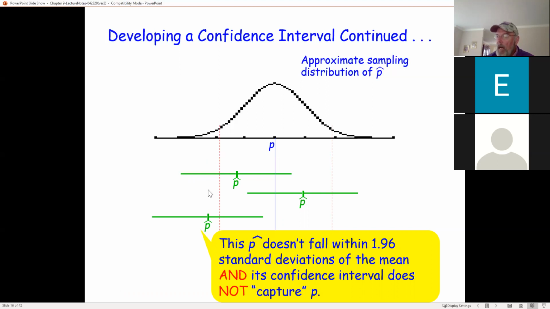So it's outside of the proportion, the center of the distribution. It also does not capture p in its interval. So what are we saying? Well, sometimes we're going to get a sample that's outside of the limits of the confidence interval.